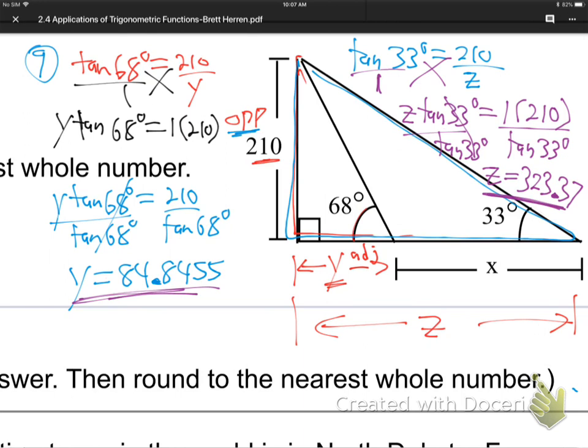And then I just take the answer from Z, the answer from Y, and I subtract them. Am I racing ahead of you here? So all of Z minus Y will be X. Huh? So I'll scribble that in over here. So then X will be Z minus Y. X equals Z, 323.37 minus Y, 84.8455.